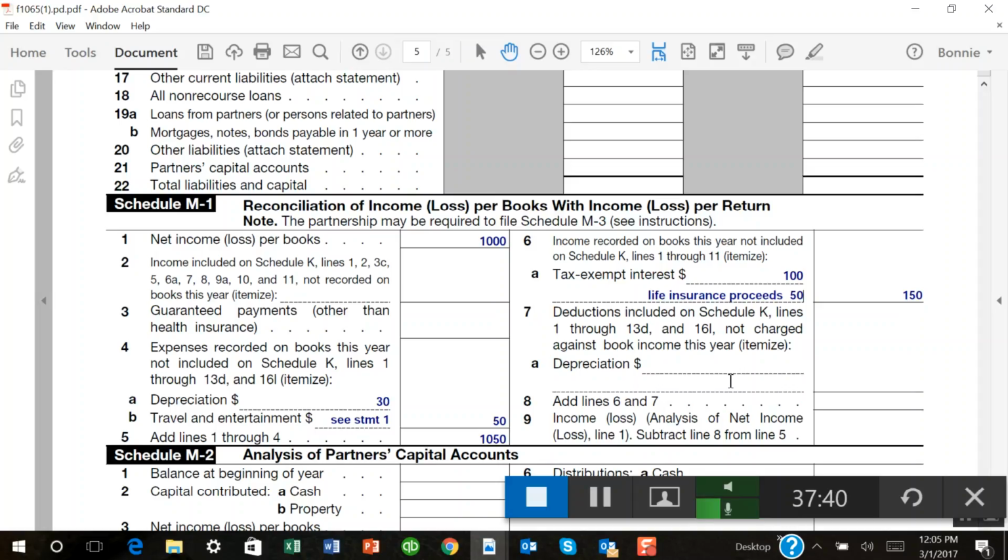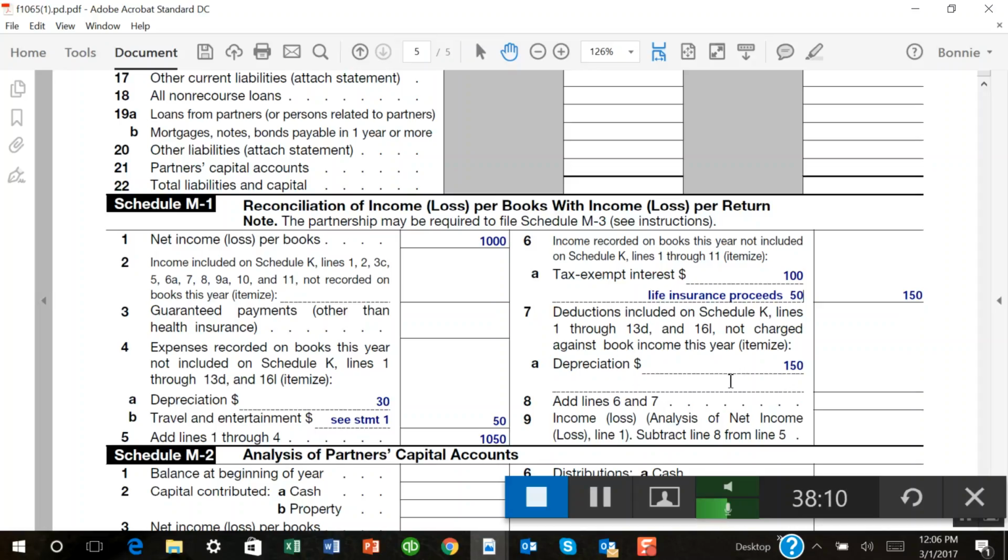So you don't have to depreciate them over a number of years using some method of depreciation for tax purposes that's allowable. Instead, you can use the method which is 100% expensing in the year, and that's called a 179 deduction. So in this case, my depreciation on that asset would be $150. I bought it for $150, and I'm gonna take the entire thing as a 179 deduction. I'm gonna expense 100% of it in the year of purchase.